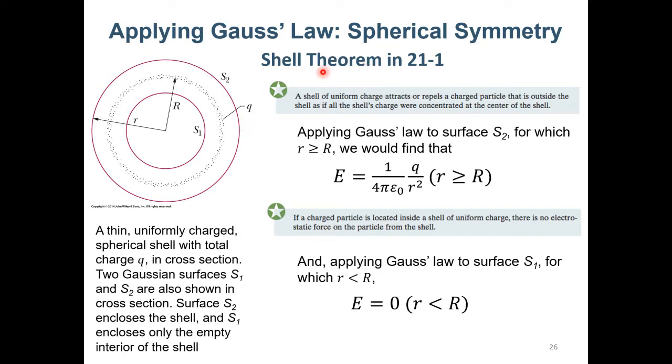At that time, I told you that it's hard to really explain why it would be like this, but now I can tell you the reason by using Gauss law. At that time, it told you that a shell of uniform charge attracts or repels a charged particle that is outside the shell as if all the shell charge were concentrated at the center of the shell.